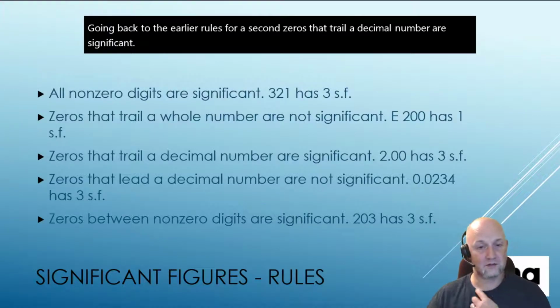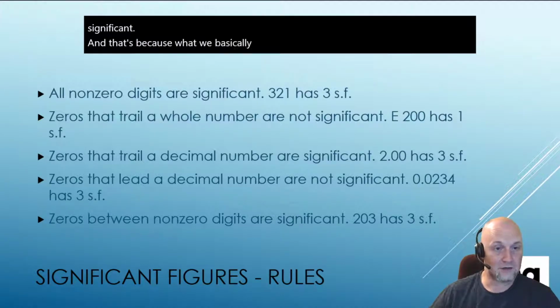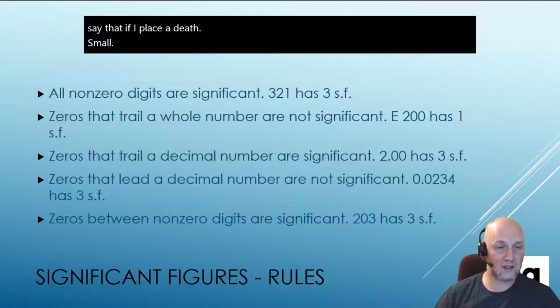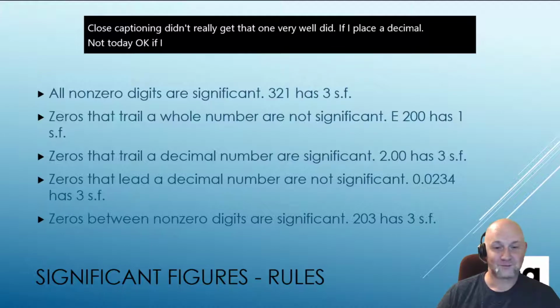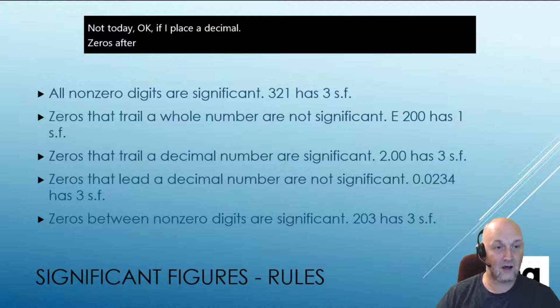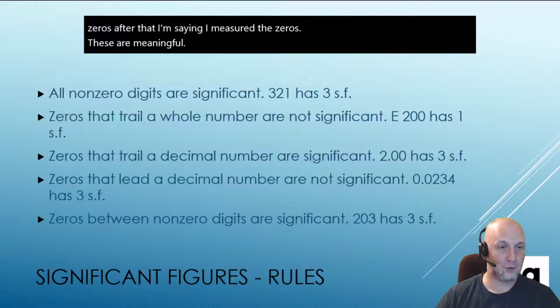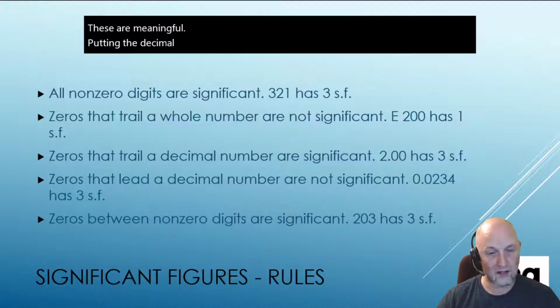And that's because what we basically do to kind of give ourselves the distinction is to say that if I place a decimal and then start writing zeros after it, I'm saying I measured these zeros. These are meaningful. Putting the decimal place in is the way in which I express that.